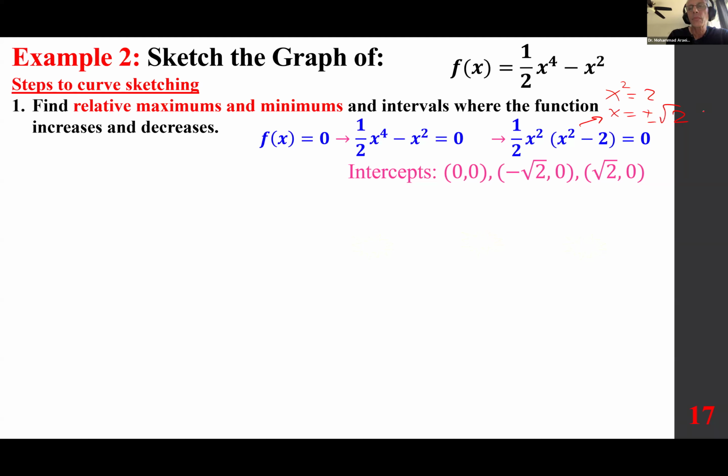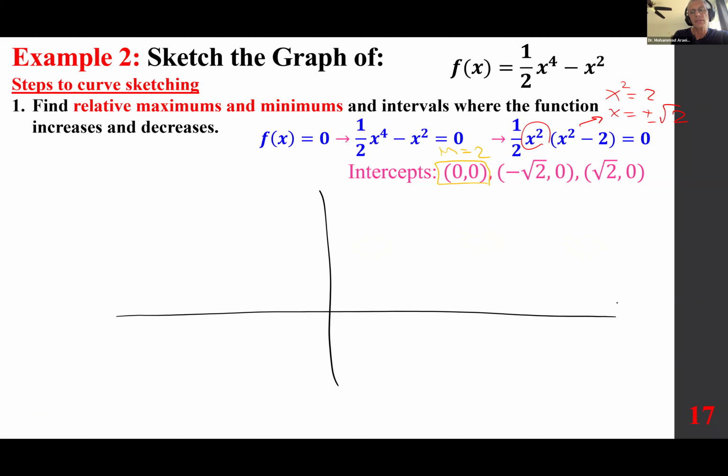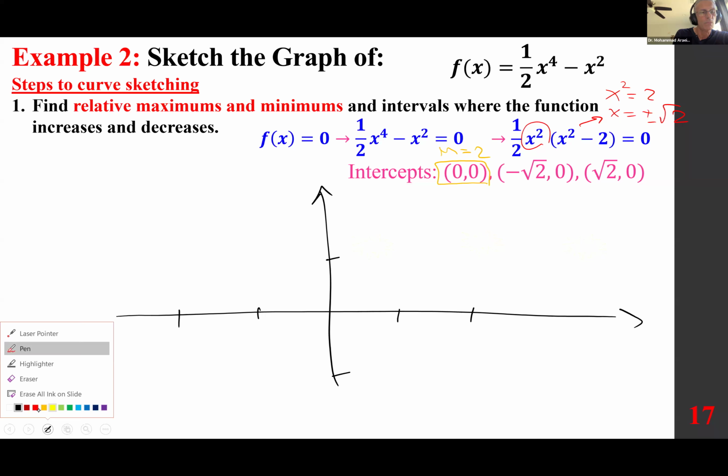Also, because this has exponent 2, it has multiplicity 2. So if we were to graph this, we have 0, 0 with multiplicity 2.